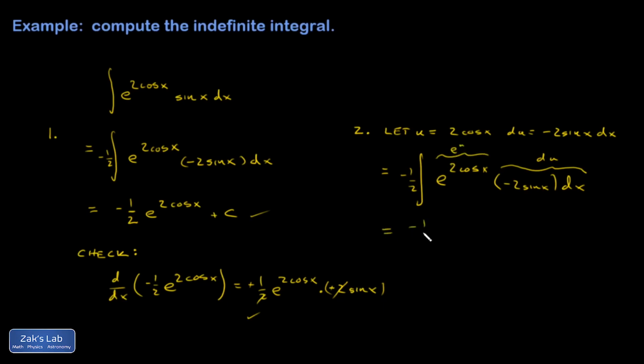And I get negative 1/2 integral of e to the u du, which is just negative 1/2 e to the u plus some arbitrary constant c. Replace u with its definition in terms of x. If you don't do that, the problem isn't done. Negative 1/2 e to the 2 cosine x plus c.